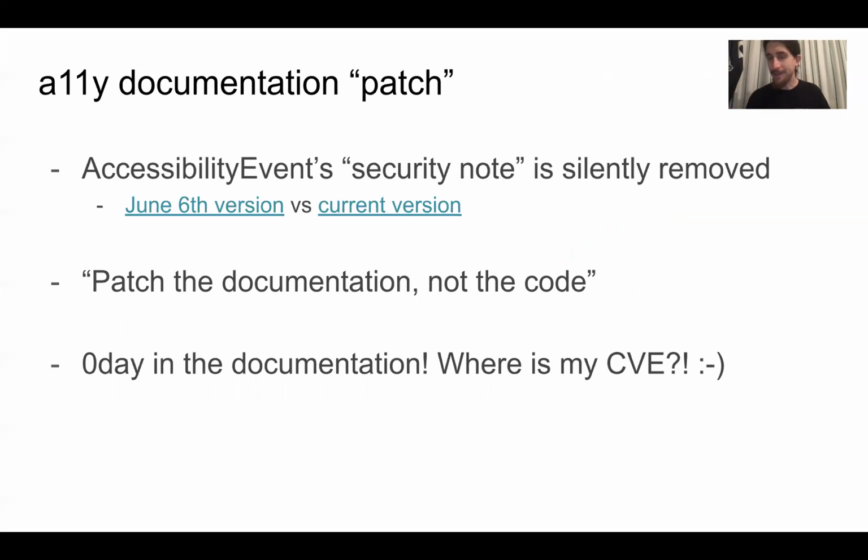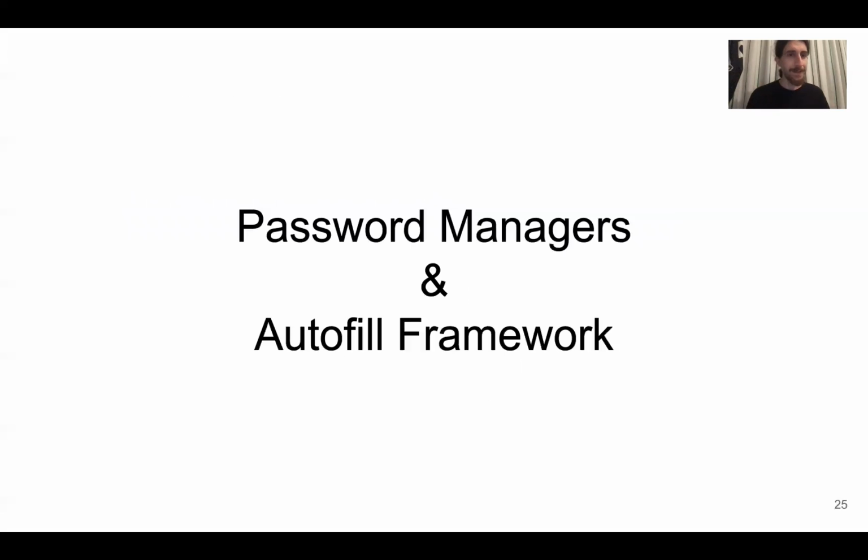And then there is the current version, which is basically the same, but this security note just disappeared silently. So it was an instance of patching the documentation, not the code. Super funny. I tried to request a CVE for finding a bug in documentation. It did not work out. So yeah, my net worth at that point did not double. Very sad. Cool, just a funny story.